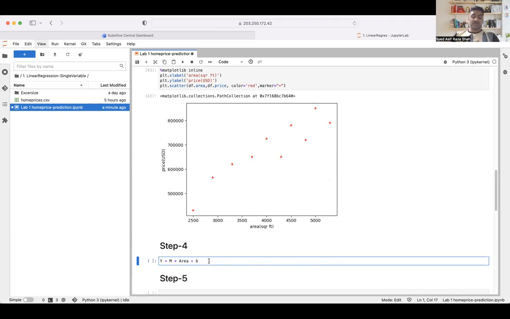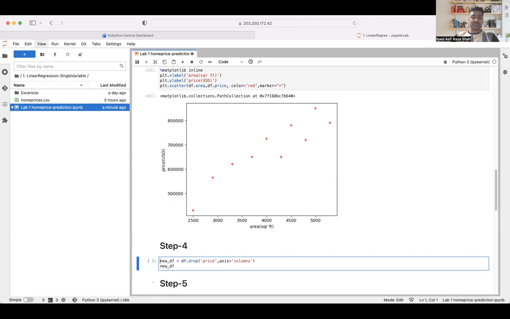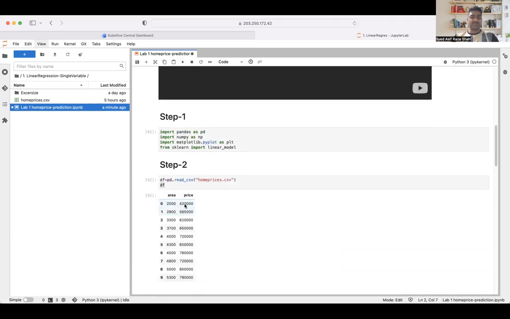To train the model, we have to drop the column price because we only want area, and this new data frame we will use to train the model. You can see here that in the data frame we have both columns, area and price.